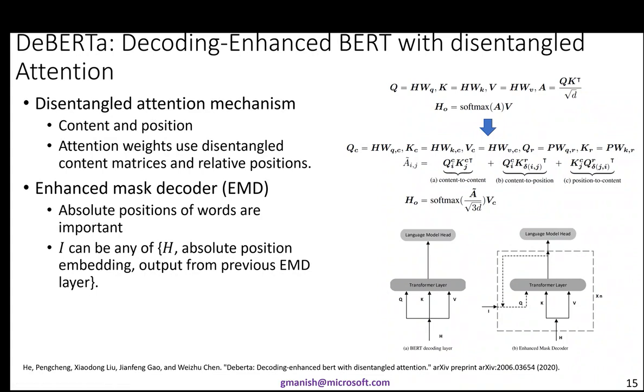So that's why the content and position embeddings were disentangled. That is why it is called decoding-enhanced BERT with disentangled attention. Then they computed attention in a manner similar to a typical transformer, QK transpose, but with slight changes because now Q has been divided into 2 parts, K has been divided into 2 parts, and so on.